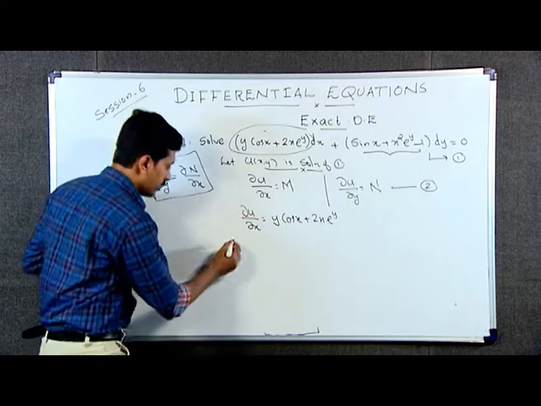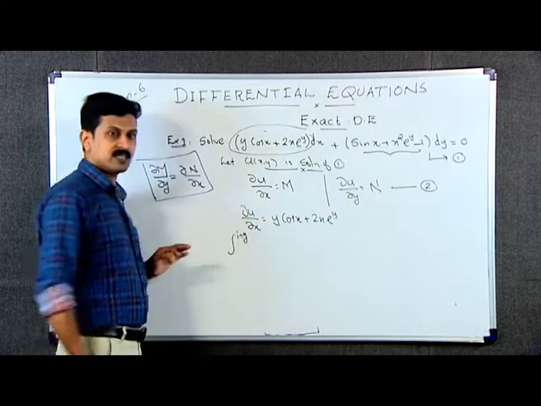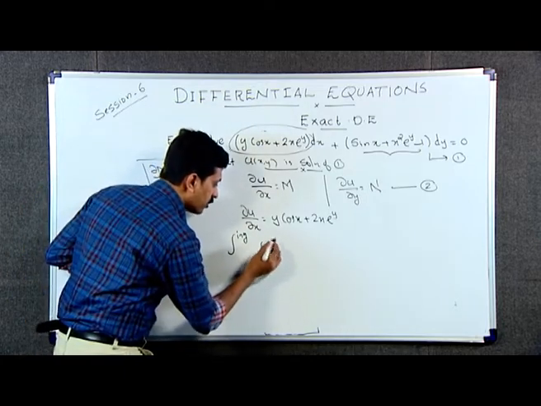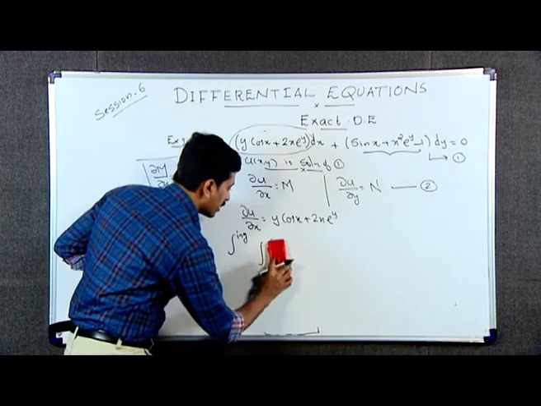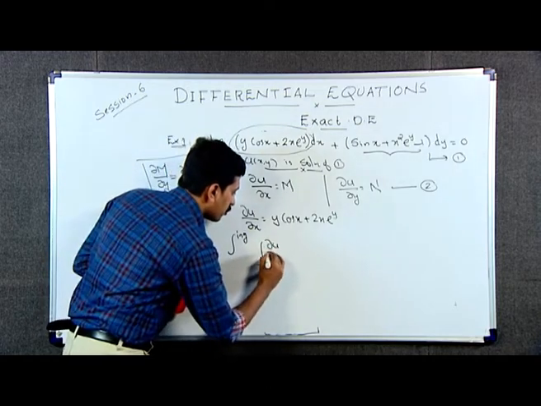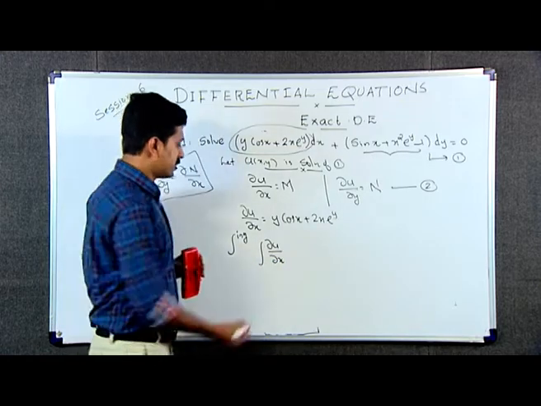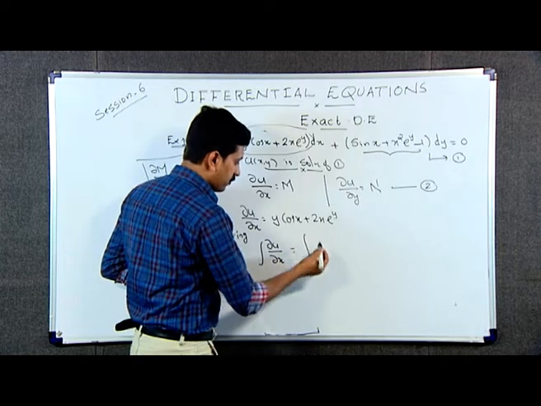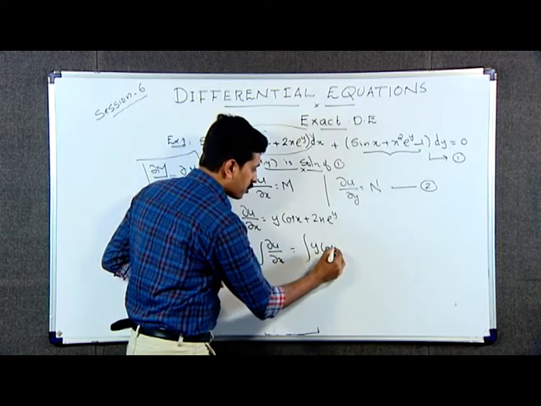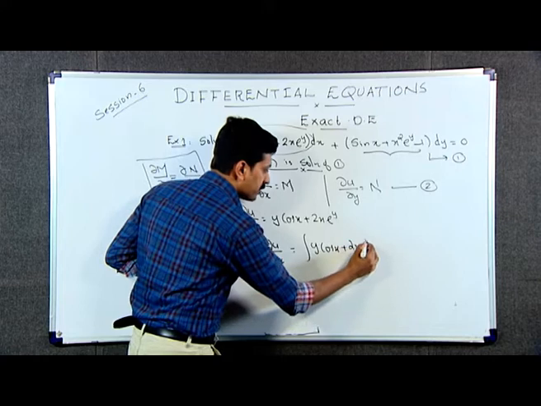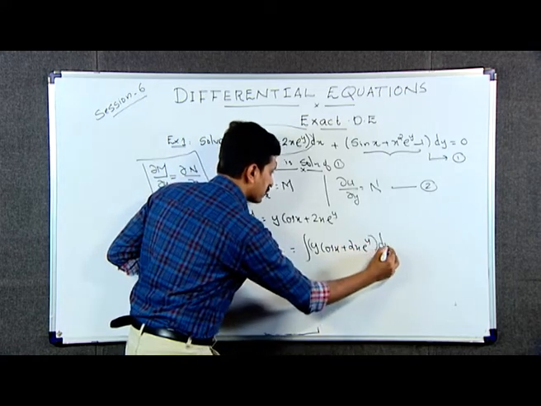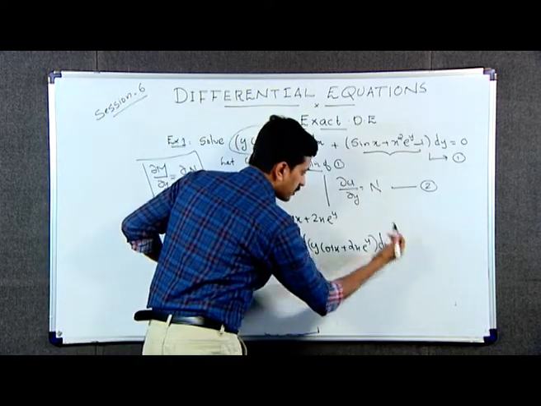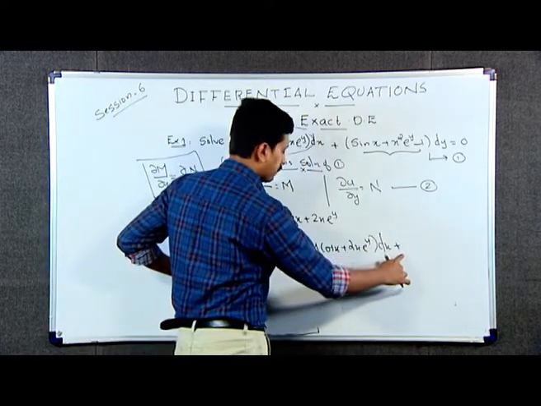To find u, integrate both sides with respect to x: the integral of dou u by dou x is equal to the integral of y cos x plus 2x e raised to y dx, plus one more constant after integration.